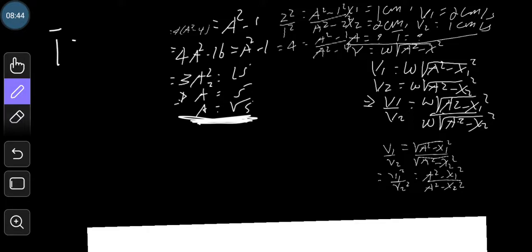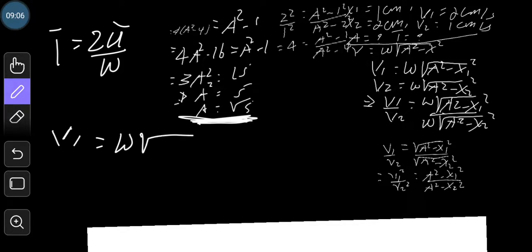Time period is given by 2 pi over angular frequency. We know the angular frequency from v1, which is equal to omega times under root amplitude square, which is 5, minus 1.